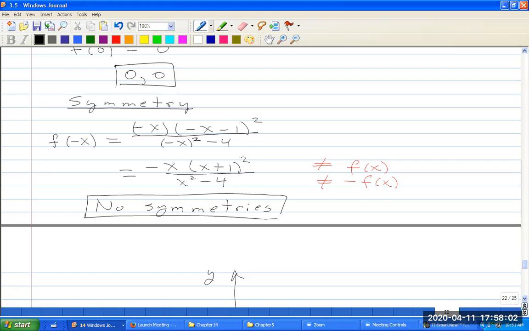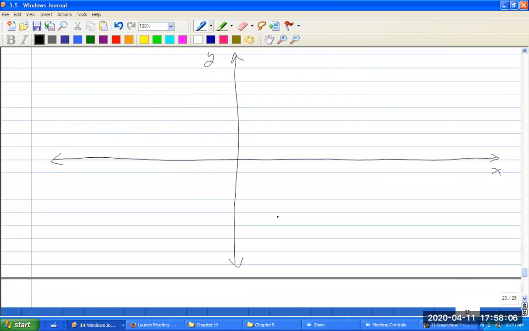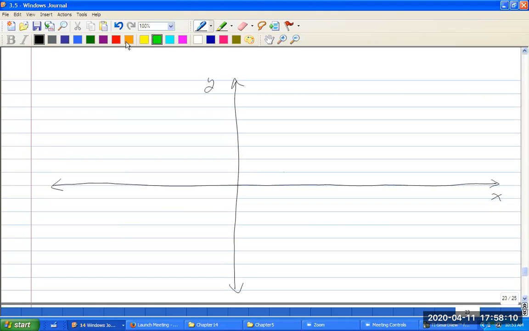Okay. Good. So now let's do 2. Okay, so I have here my vertical asymptotes.